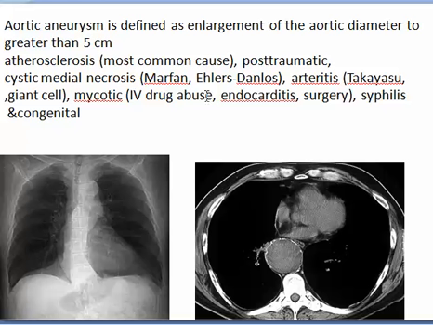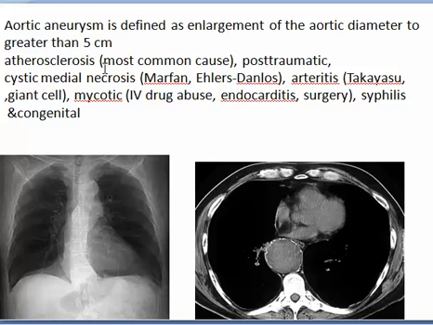Aortic aneurysm, by definition, is dilatation more than 5 cm. Normally it is up to 3.8 cm. 3.8 to 5 is borderline, and more than 5 is aortic aneurysm.